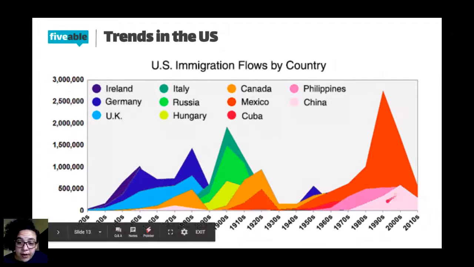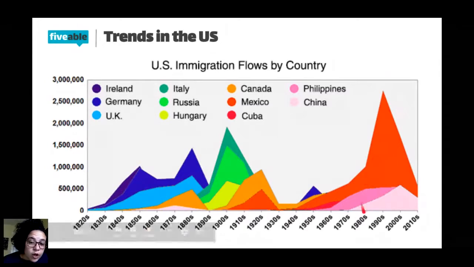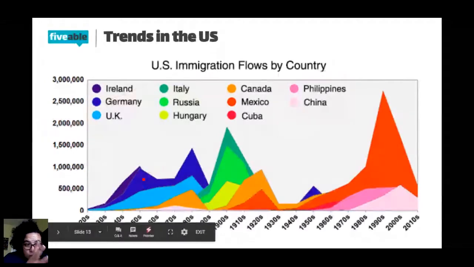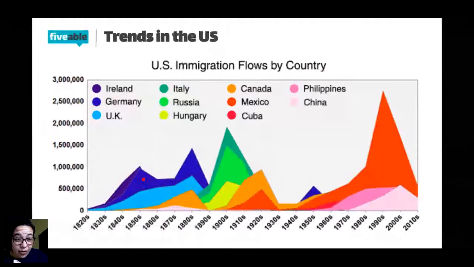However, the next bigger ones are China, the Philippines, Vietnam. Vietnam will be a big one right in here because of the Vietnam War. So, again, it kind of goes Western Europe, South and Eastern Europe, and then Latin America and Asia is more now.